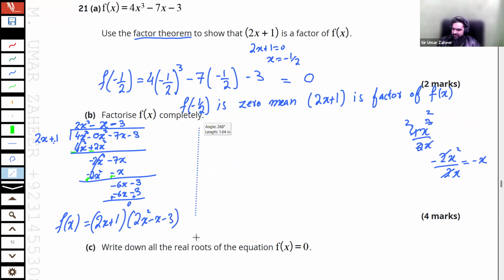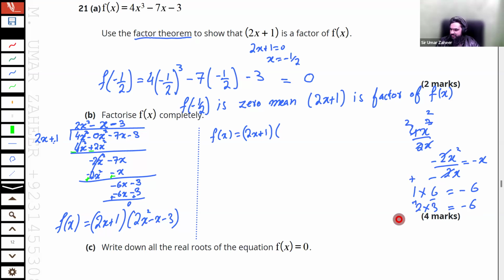Now let's see how to do the middle term breaking. So f of x is equal to 2x plus 1. Minus 3 multiplied by 2 will be minus 6. Possible pairs are 1 multiplied by 6, 2 times 3 is 6. I need a negative answer, and the middle term is negative as well. So the bigger term is negative, the smaller term is positive.